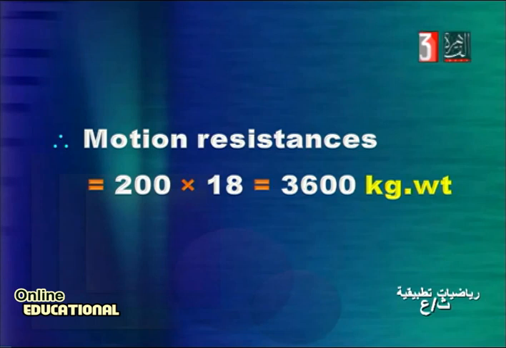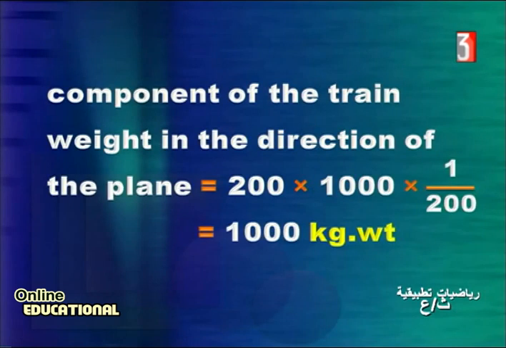What is the component weight of the train in the direction of the line of the greatest slope downwards? mg sine theta. M equals 200 ton, multiply 1,000, then the mass now in kilogram, multiply 1 over 200 sine theta, then the component equals 1,000 kilogram weight.